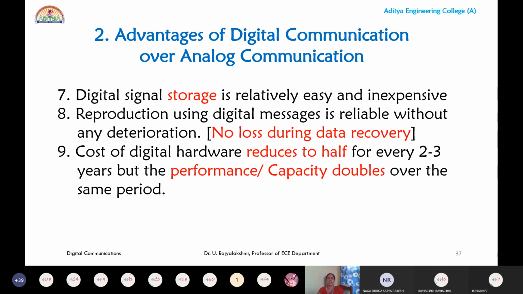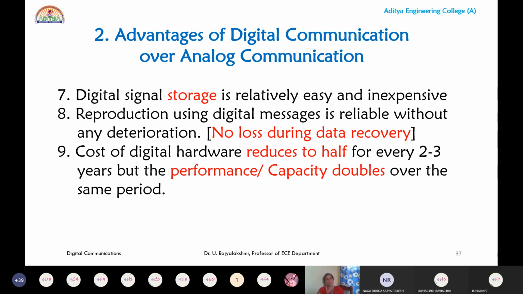And let us move to the 9th. Obviously this point is familiar to all of us. What happens to the cost of digital hardware? Take the example of mobile. In 1990 you had 1G communication, which used analog modulation techniques, and with the upgraded 2G, 3G, and 4G communications, the cost gradually reduces.